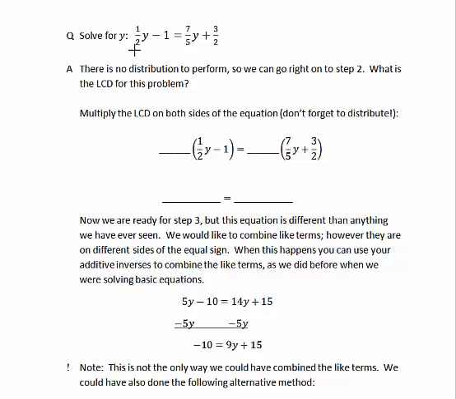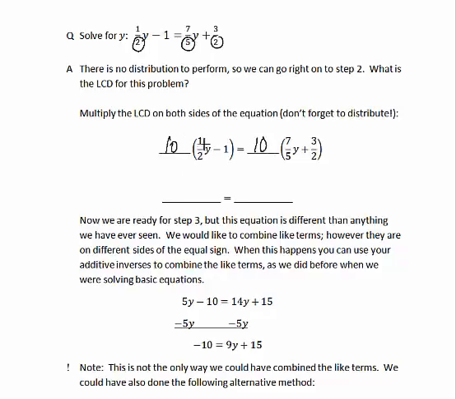So what is the smallest number that 2, 5, and 2 will divide into? That would be 10. And as in the previous chapter, we multiply both sides of the equation by 10.